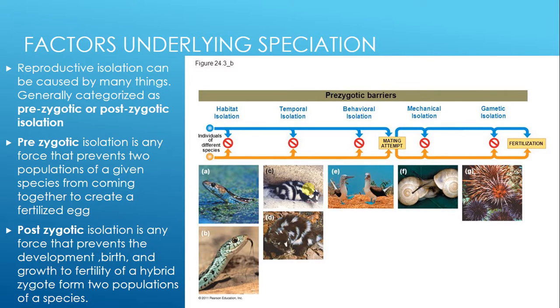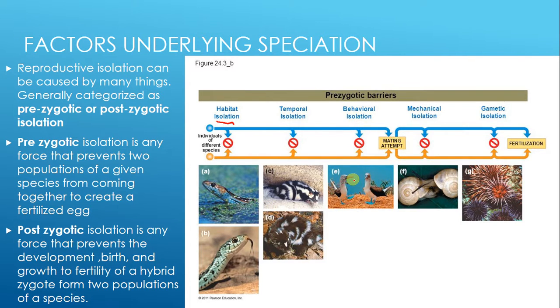Examples of prezygotic barriers are habitat isolation, where two populations live in completely separate habitats, located spatially a distance apart, so it's hard for them to be together. Temporal isolation, so maybe one of the populations or species is only out at night and one's out at the day.